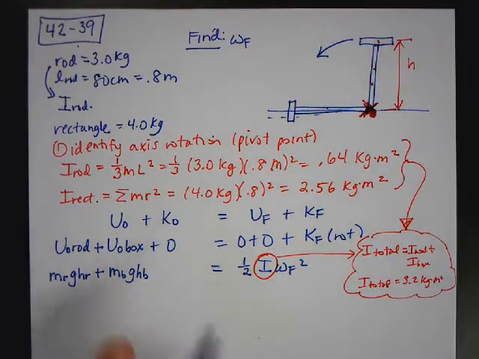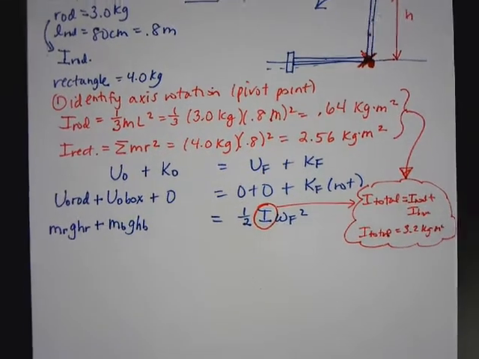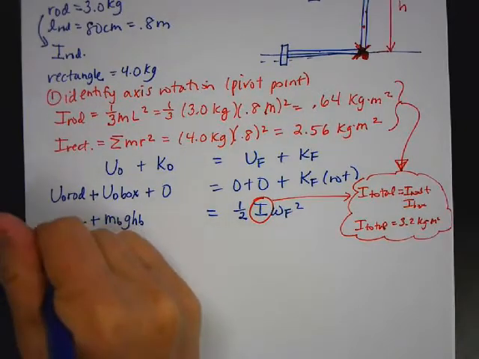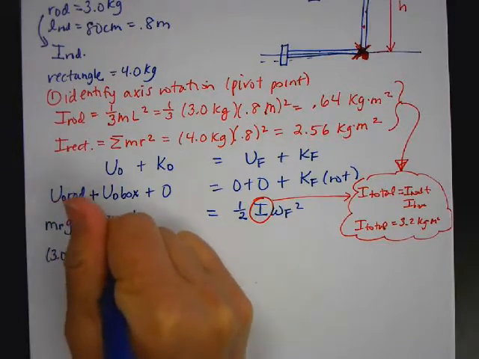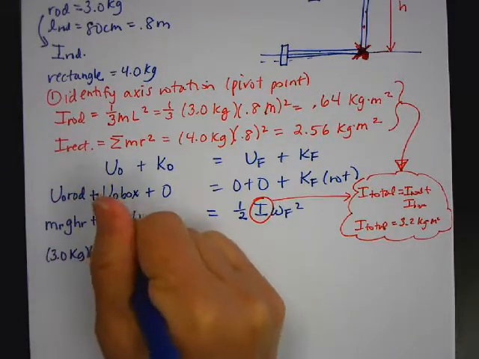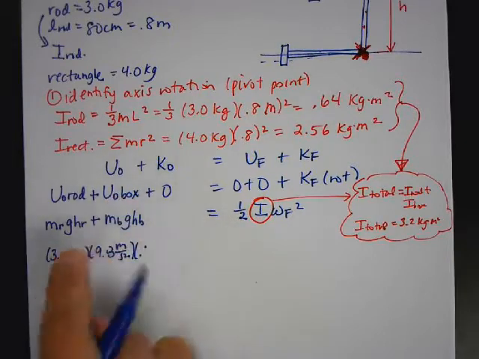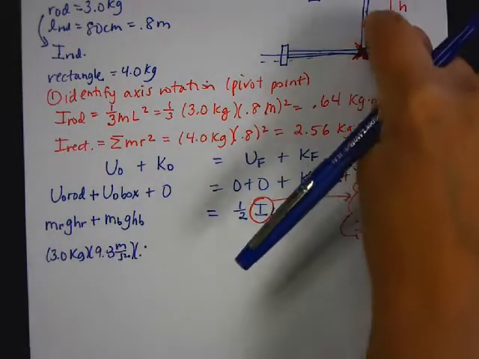So now let's get back here. The mass of this is 3 kilograms times 9.8 meters per second squared times, now the rod acts from the center of mass.